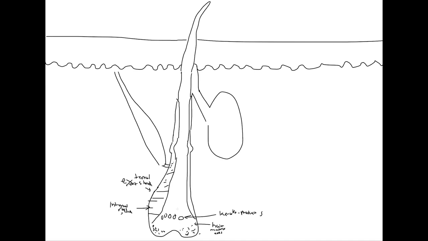These keratin-producing cells are going to move up once they're born, because these hair matrix cells keep dividing and creating more keratin-producing cells.